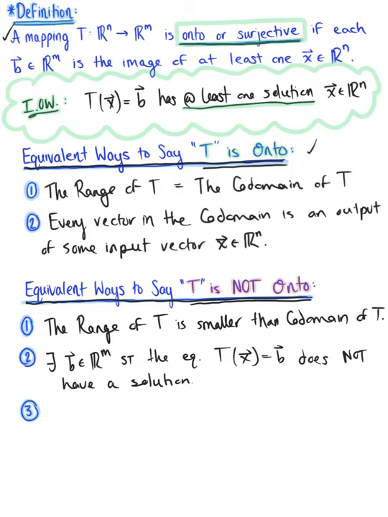And last but not least, one more for good luck here. If there exists a vector in the codomain that is not an output of any input vector, your transformation is not onto.